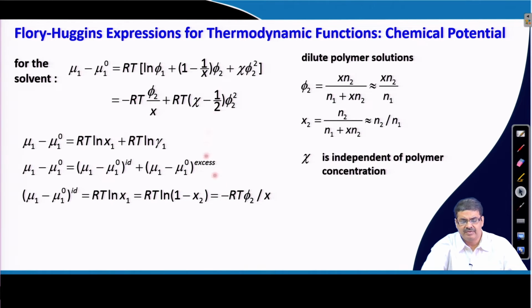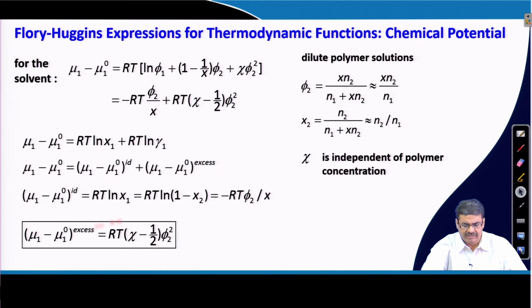So, if you compare these two, this is equal to this, which means this is the ideal quantity, hence this term must be equal to the excess quantity of partial molar Gibbs free energy change for a real solution. Hence, we can write this excess quantity, which is the measure of deviation from ideality, as given by this expression, where chi is the polymer-solvent interaction parameter.